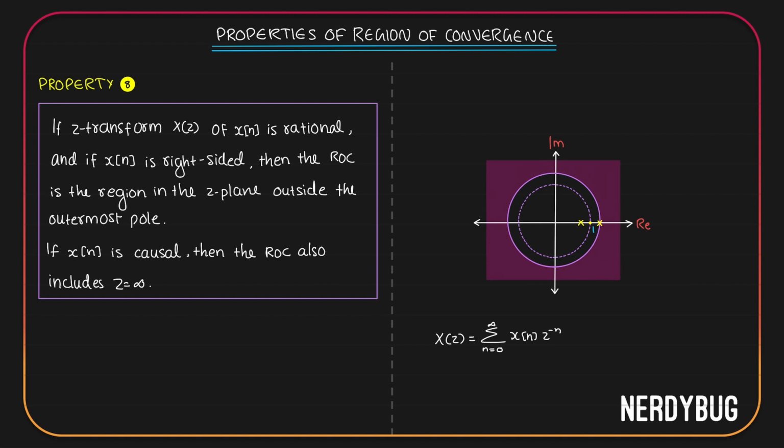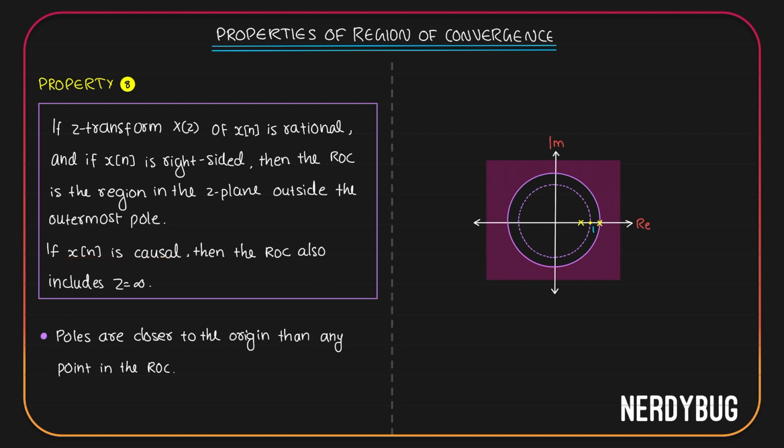Therefore, when z becomes infinity, it will be infinity to the power negative something. So it will converge to 0. Therefore, z equal to infinity will be included if x of n is a causal signal. We can also observe that poles are closer to the origin than any other point that is in the ROC. The points that are in the ROC are farther away from the origin.